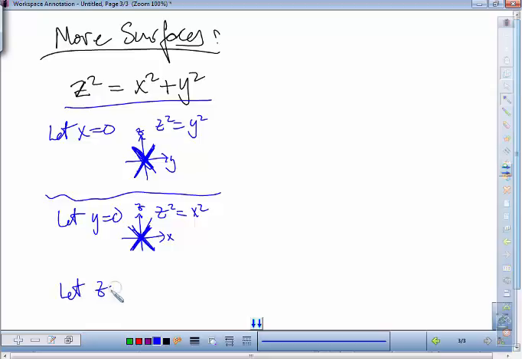Let z equal to 0. You think you're going to get another x here? 0 is equal to x squared plus y squared. What is this again? It's just a dot, a point at the origin. All right?